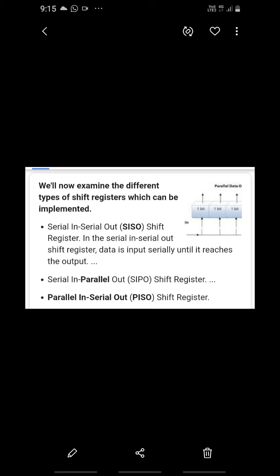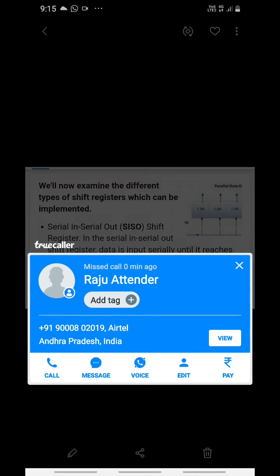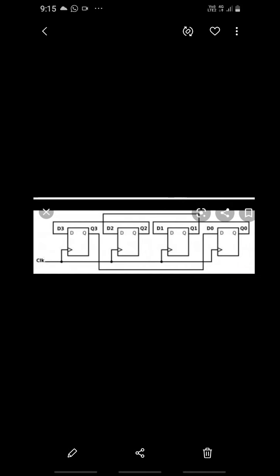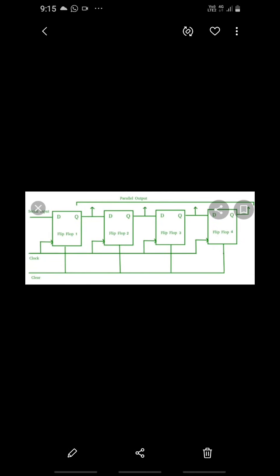Next time I explain about the working of 4-bit shift right register. So it's a block diagram of a 4-bit shift register as shown in the above PPT. The shift register that shifts the data by 1 bit to the right is known as a shift right register.